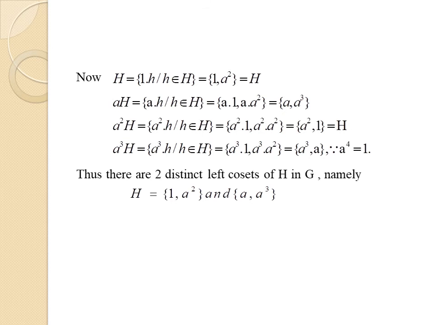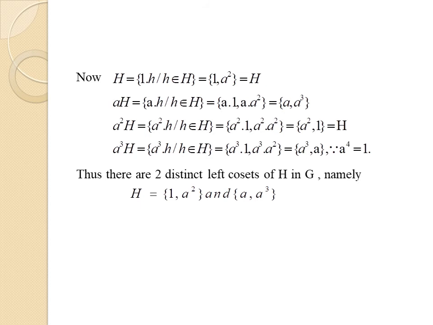Next, aH means a·H. So we are multiplying H with a. H is {1, a²}. So 1 times a, and a times a². This gives {a, a³}. Next, we want a²H.